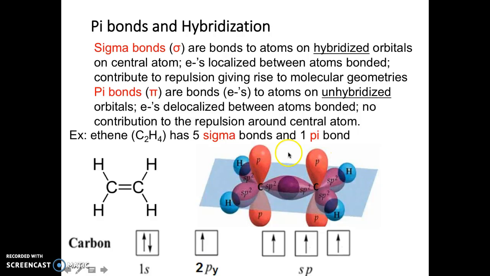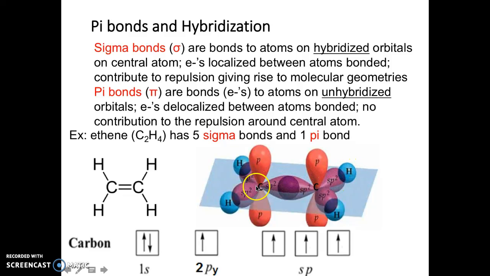And these electrons are delocalized between the atoms, which means they move all about these unhybridized orbitals. Whereas these sigma bonds are localized between the atoms that are bonded. And so that's why they're on hybridized orbitals.